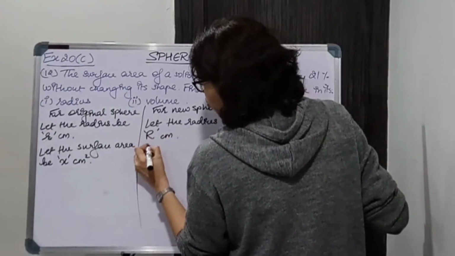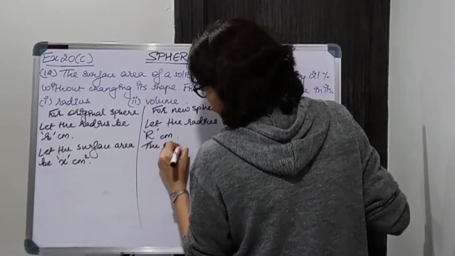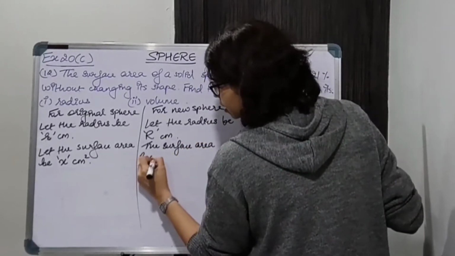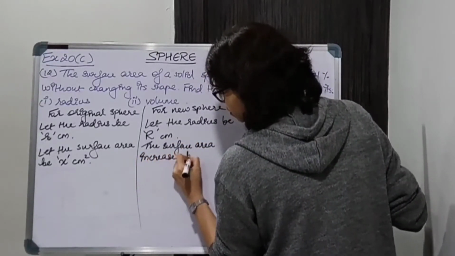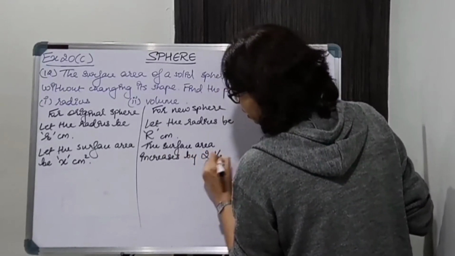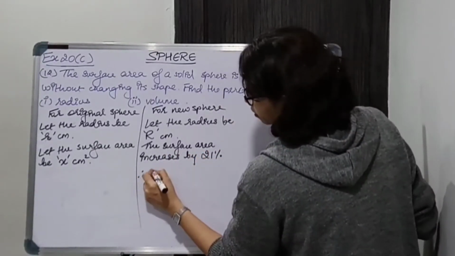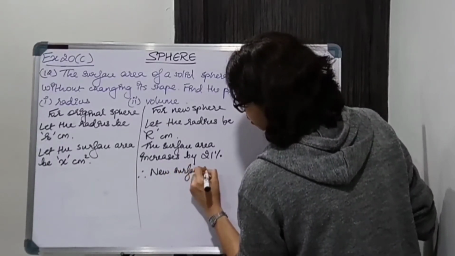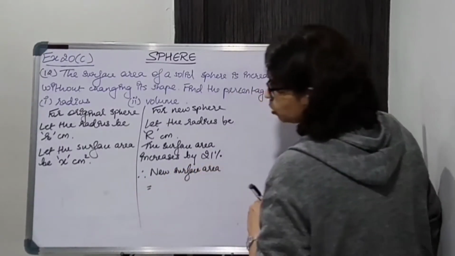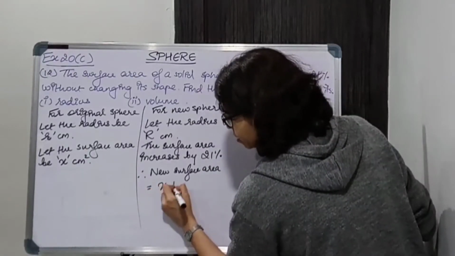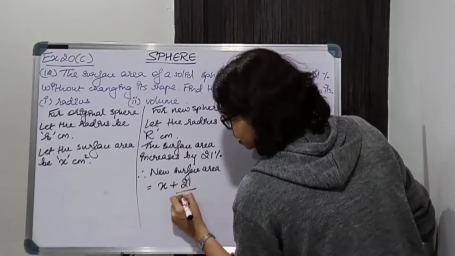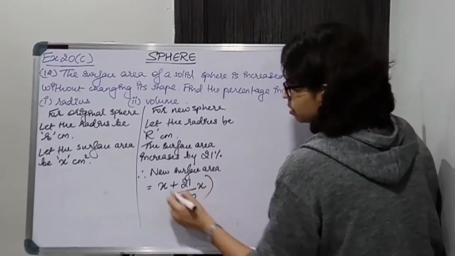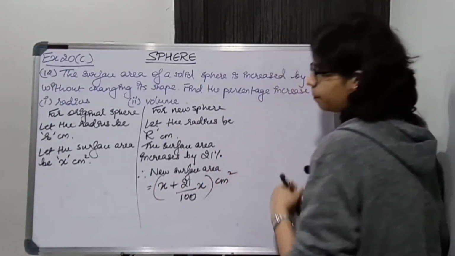The surface area increases by 21%. Therefore the new surface area will be equal to x plus 21% of x, that is 21 upon 100 into x, this whole thing, centimeter square.